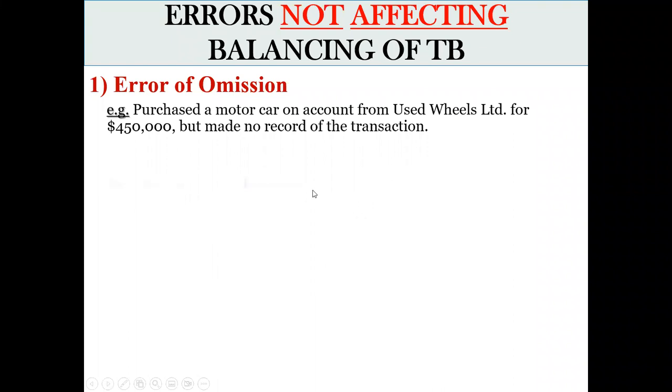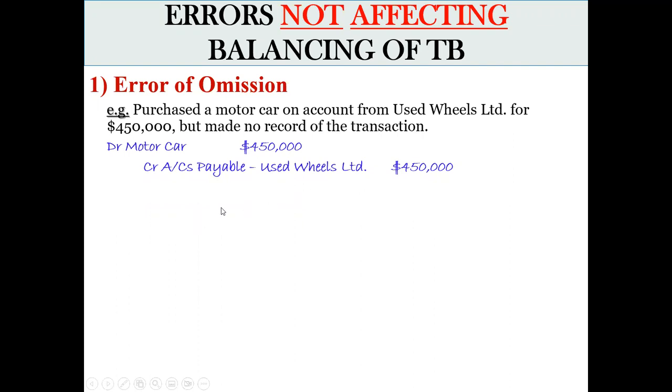So to correct this error, we simply debit the motor car account, 450, and we credit accounts payable, Used Wheels Limited, 450. Very simple. Taking our time. Let me go to the second one.